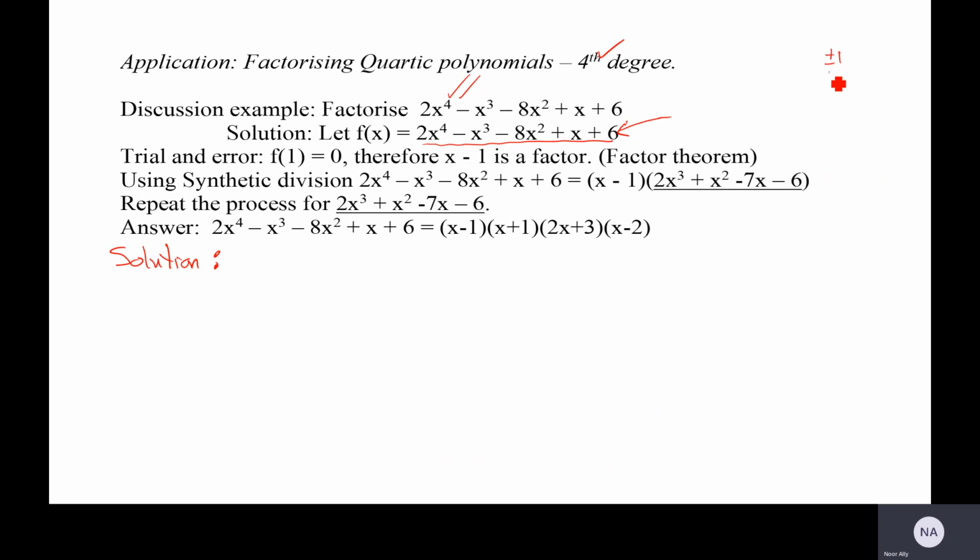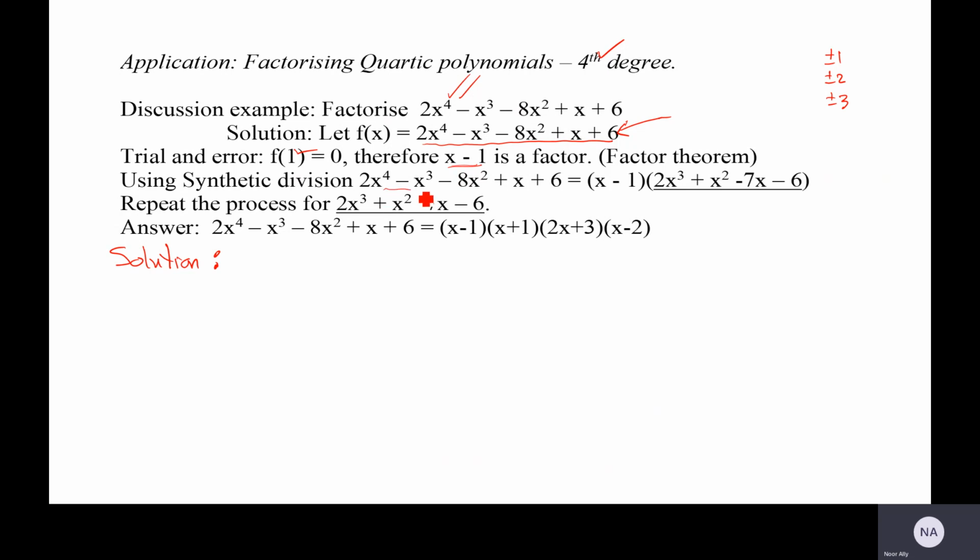We can go plus or minus 1, plus or minus 2, plus or minus 3, and so on until we get 0. But we are fortunate. We notice that 1 works immediately. Therefore, if I take the process and go back, in essence, then the factor is x minus 1.